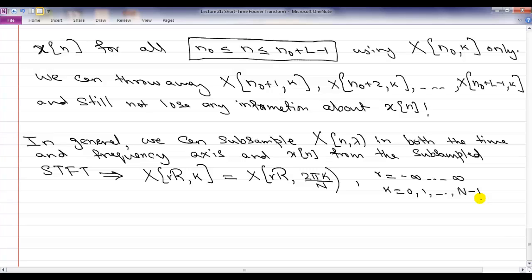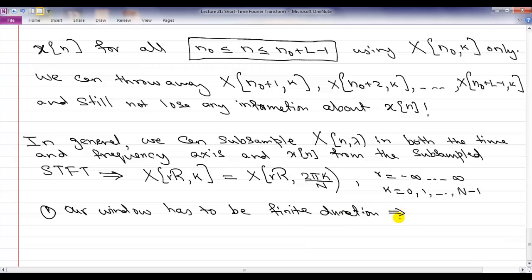But this requires a few conditions. The number one condition is that your window has to be finite duration. Otherwise, you cannot do sampling in the frequency axis. So our window has to be finite, and we call its length capital L.